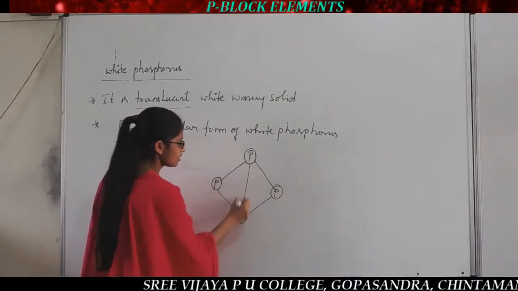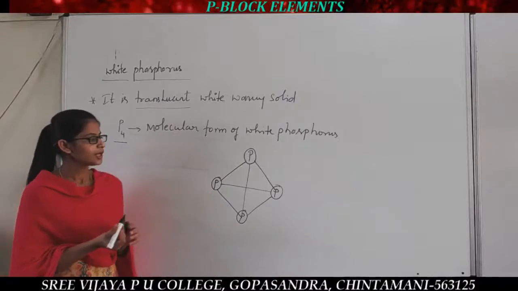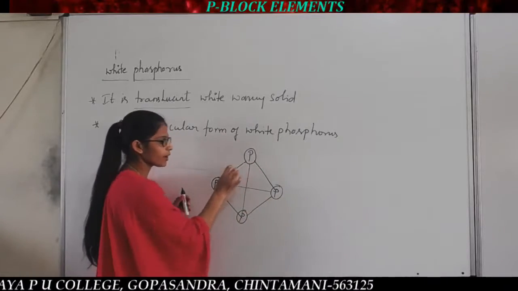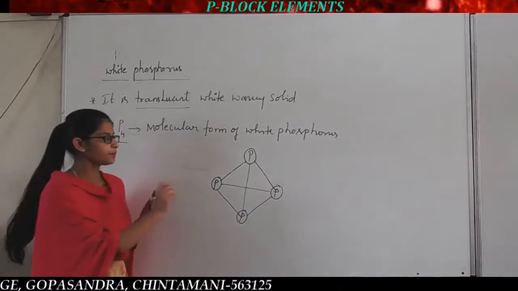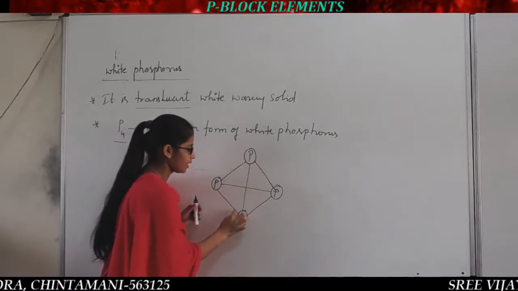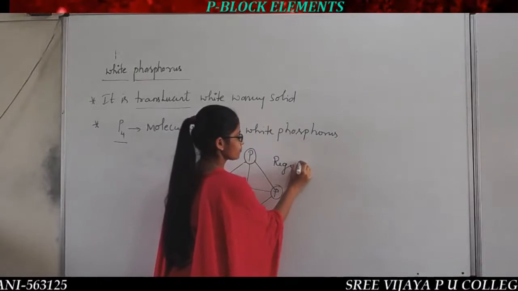In a regular tetrahedral structure, each corner is occupied by one atom of phosphorus.